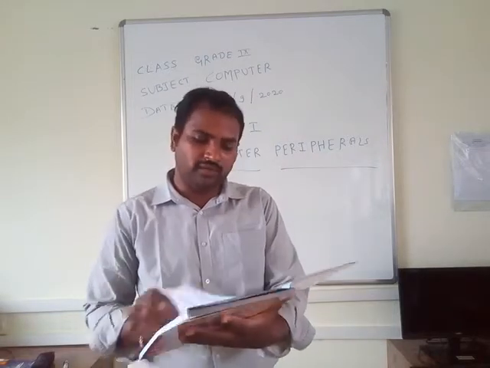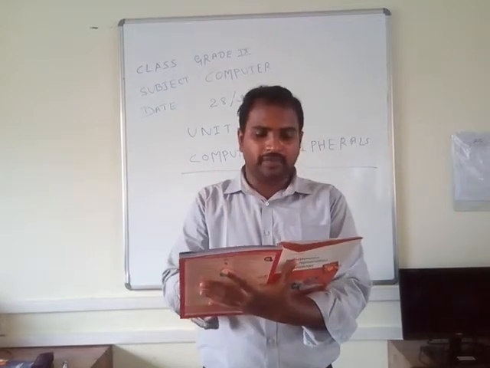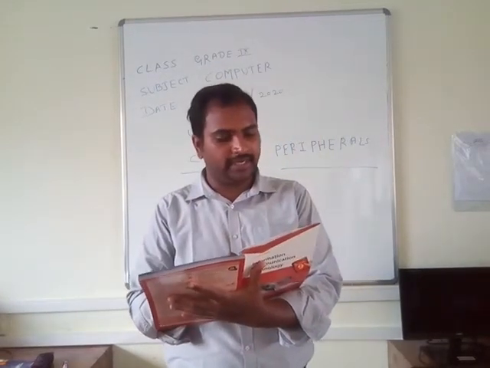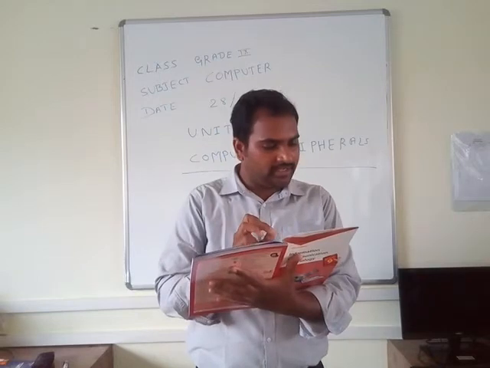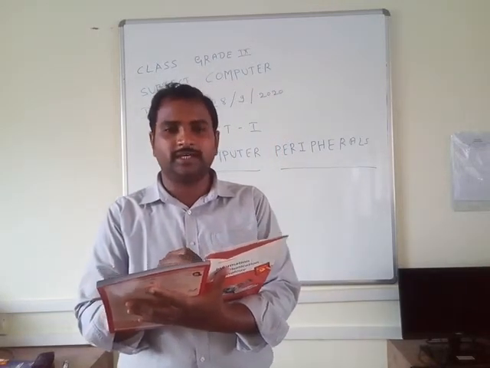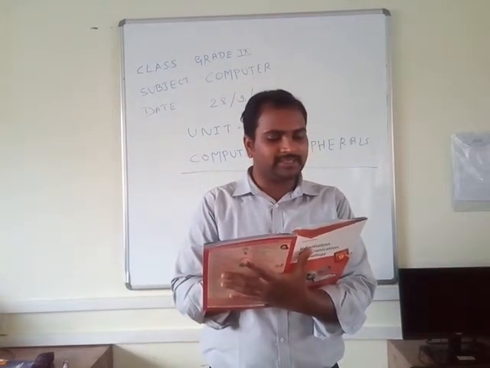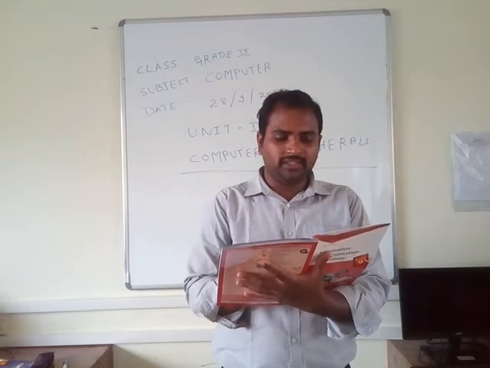The next input device is the mouse. A mouse is another common input device connected to the computer. It is a handheld pointing device that controls the cursor and helps to select files, folders, images, icons, etc., as seen on the monitor.